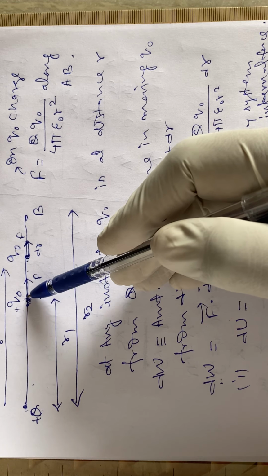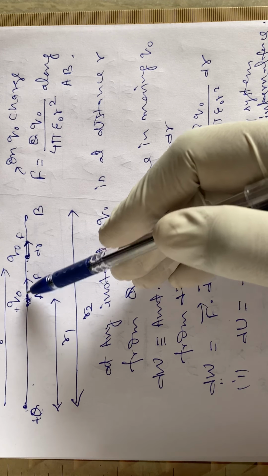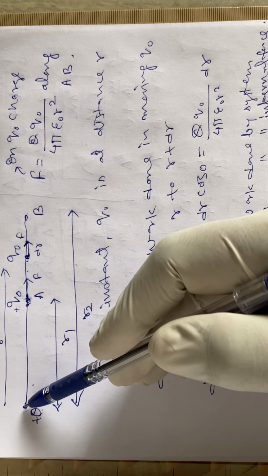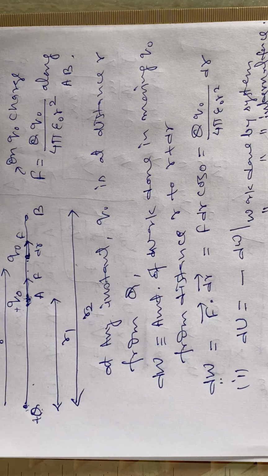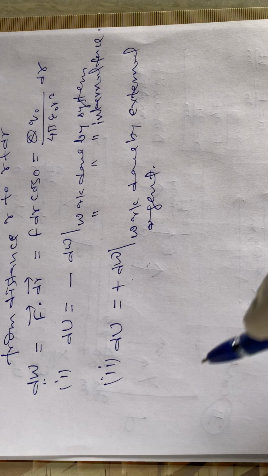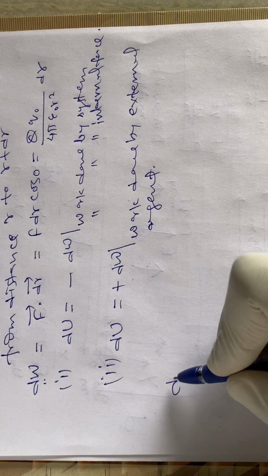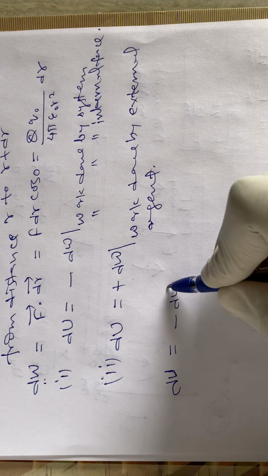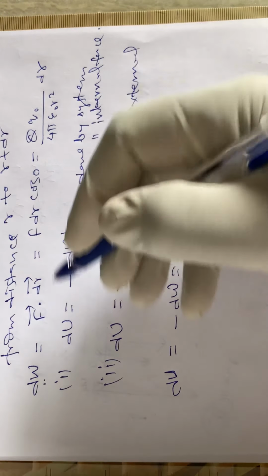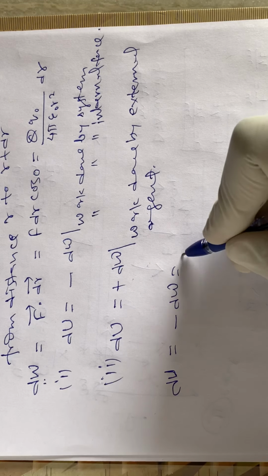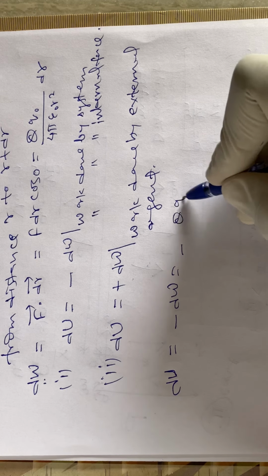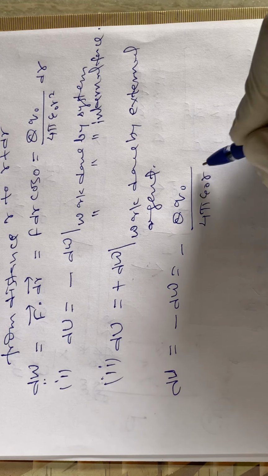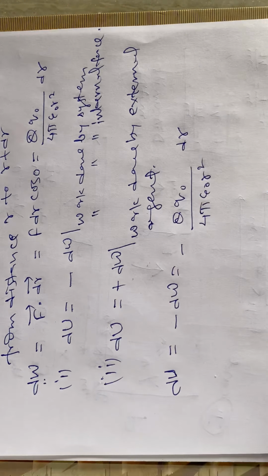No external agent is moving this charge Q naught from point A to B. It's moving by the electric force of the charge Q. So here the change in potential energy is the negative of the work done, and we have written the work done expression: negative of Q Q naught over 4 pi epsilon naught R square dr.